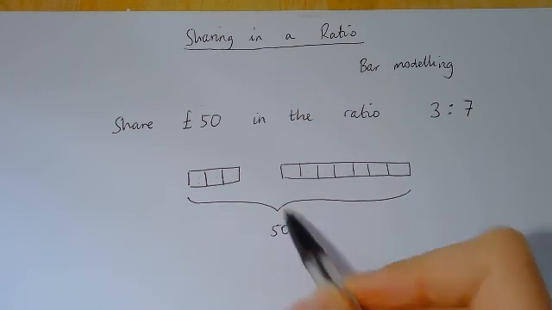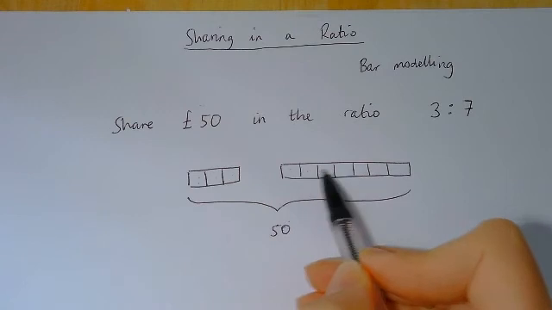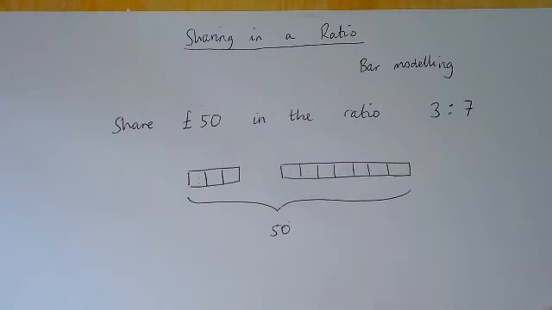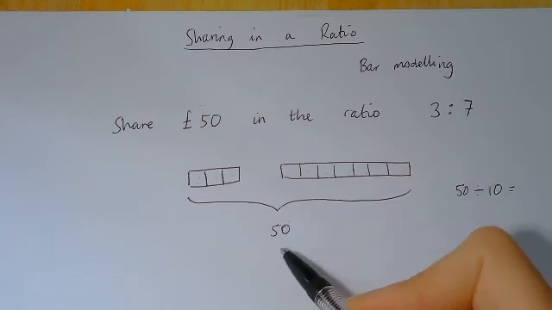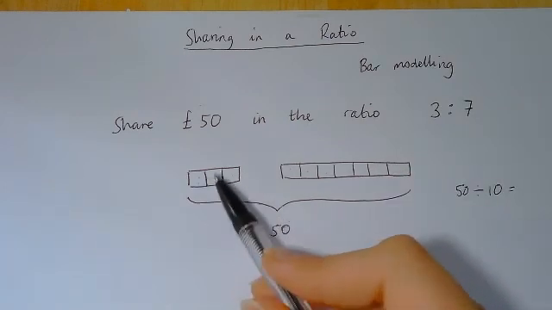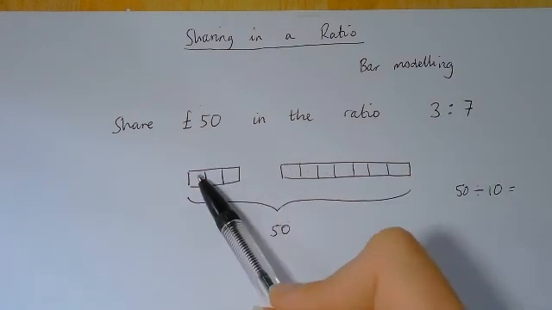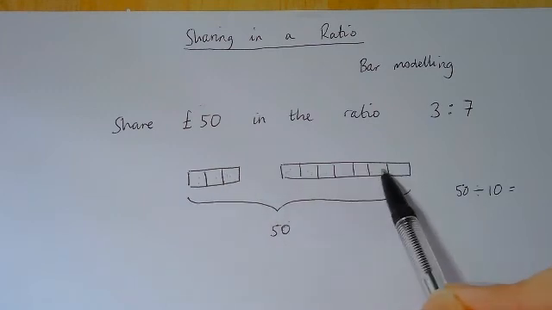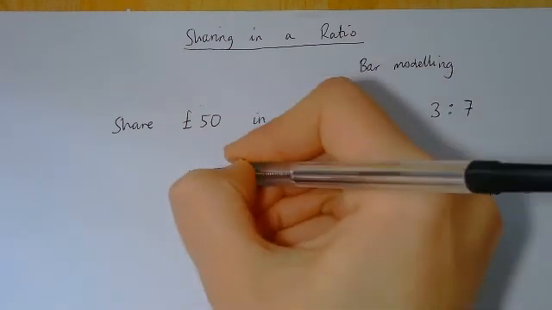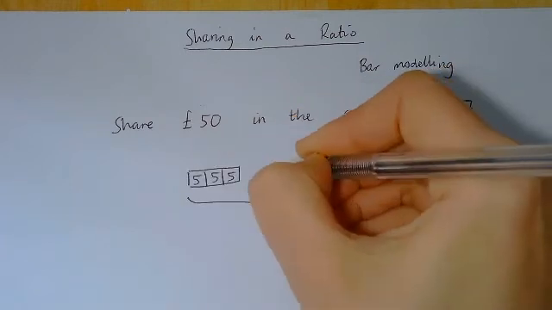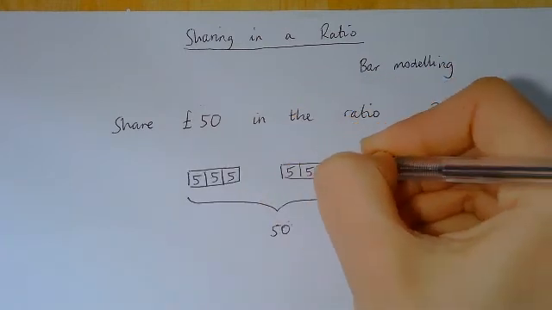We need to put this £50 into these 10 bars so that every bar is equal. So I'm going to do 50 divided by 10. I've got £50 and I need to divide it equally between 10 bars, which gives me 5. So now I can say that each of these bars is worth 5.